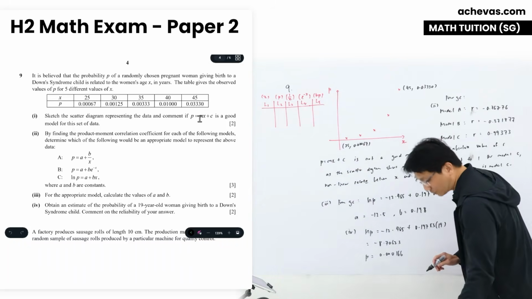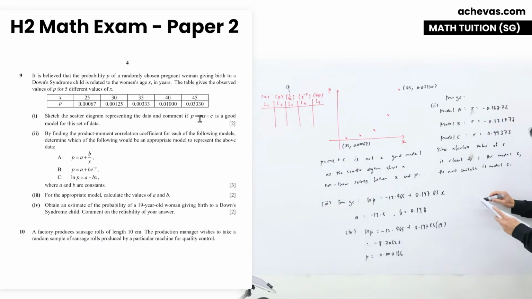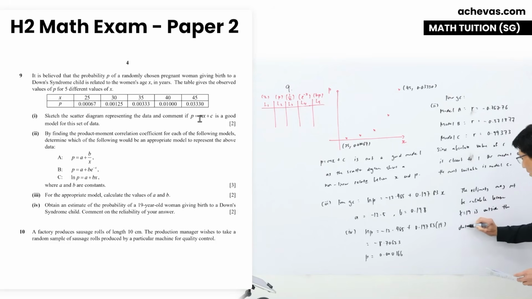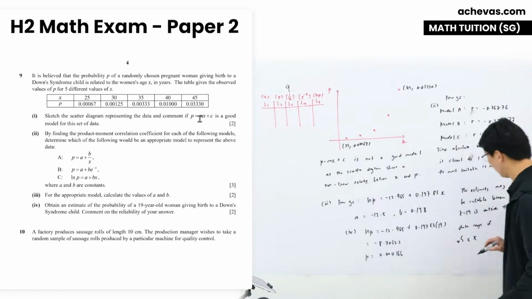So we can write down our answer as: the estimation for this situation may not be reliable because x equal to 19 is outside the data range of x, that is between 25 and 45.